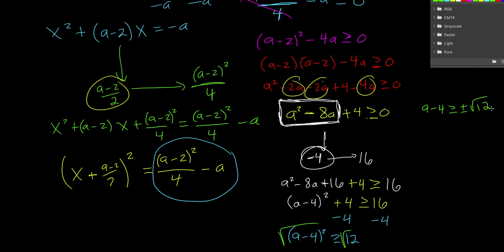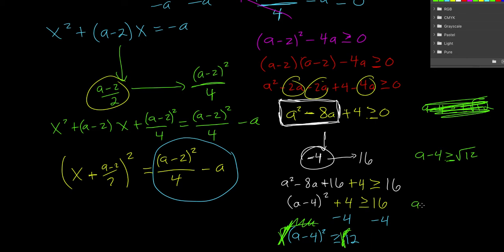I forgot that we had an inequality. Sorry about that. So we actually need to think about what if this was greater than 12. So if we just take a minus 4 is greater than or equal to the square root of 12.